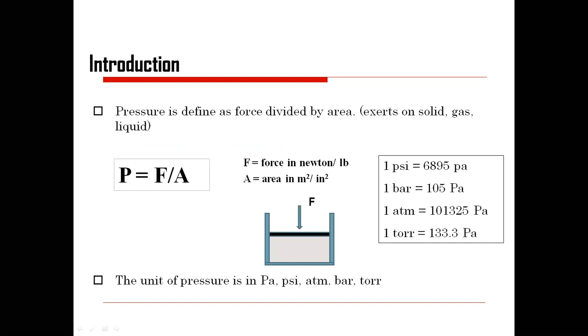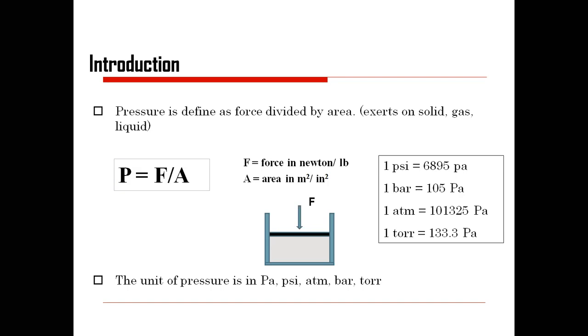Now we have already seen what pressure is. Pressure is the force exerted on a particular area or region, and can be measured in Pascal, PSI, atm, bar, torr, and its SI unit is pascals. So pressure is defined as force per unit area, force divided by area.